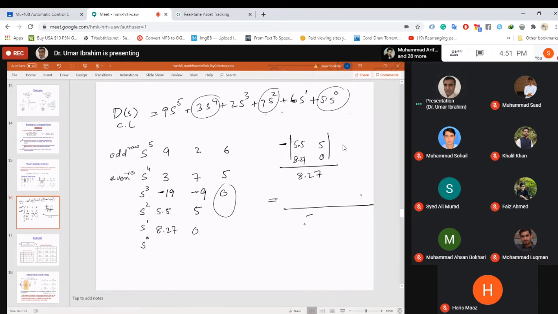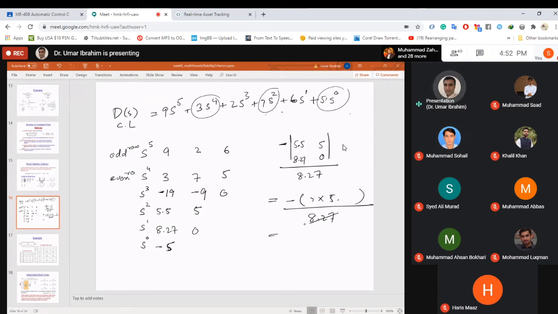So 8.27 minus 0 multiply 5 into 8.27. So 8.27 और 8.27 जो है कैंसिल हो जाएंगे और यहाँ पर मेरे पास सिर्फ -5 है, -5. ठीक है.